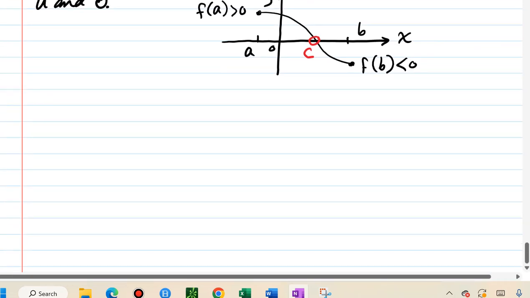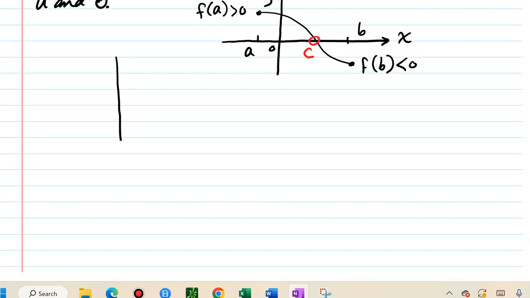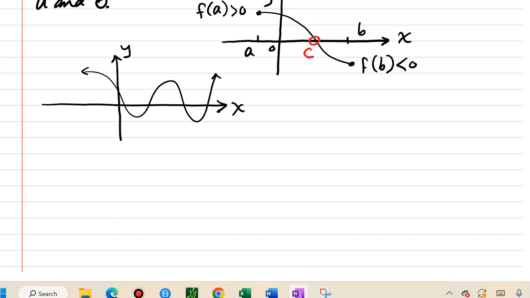So to have more than one zero, let's say my coordinate system looks like so. Here's my x and this is my y, and this time I'm going to make this go like that. And actually, let me make it go like this, because hold on, my pen is acting up.